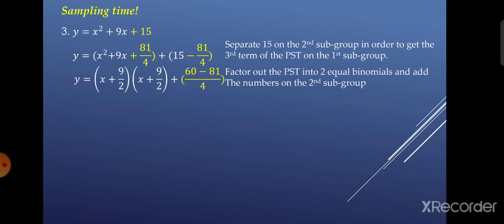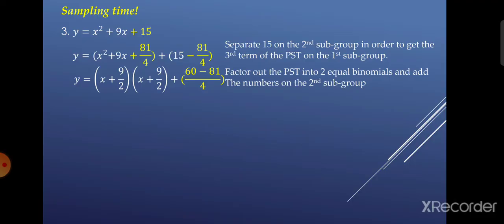To get the common numerator, since the denominator of 15 is 1, we divide the common denominator 4 by the two denominators, 1 and 4. 4 divided by 1 is 4, then multiply by the numerator: 4 times 15 is 60.